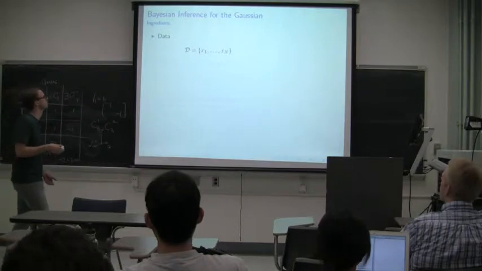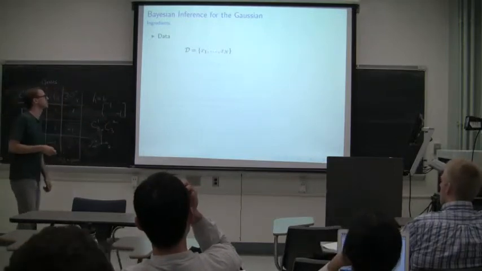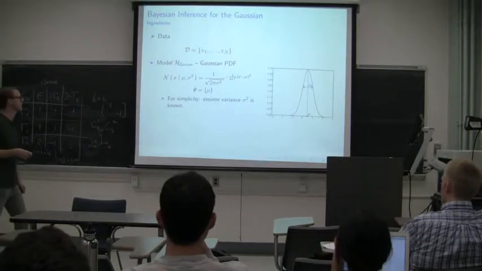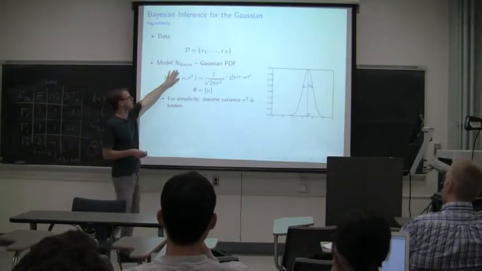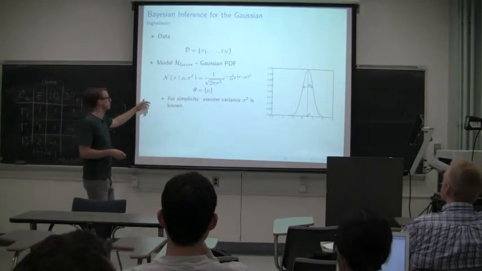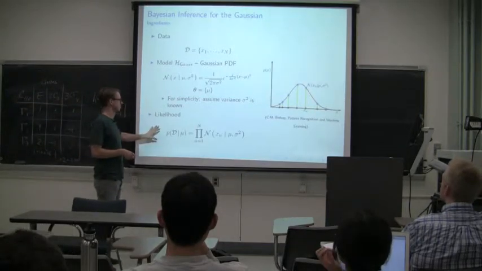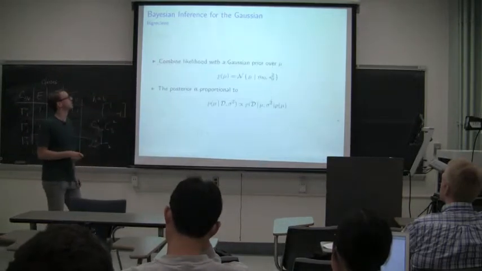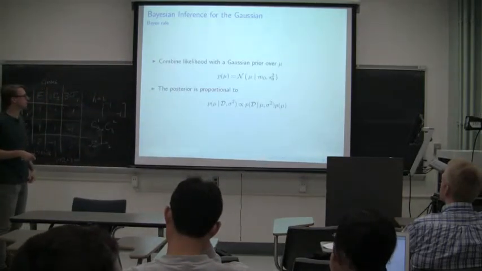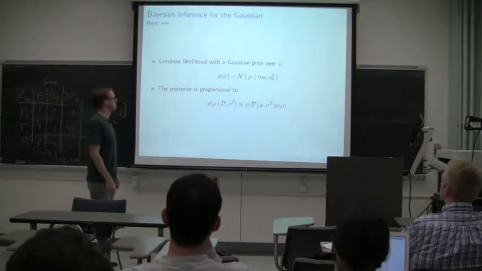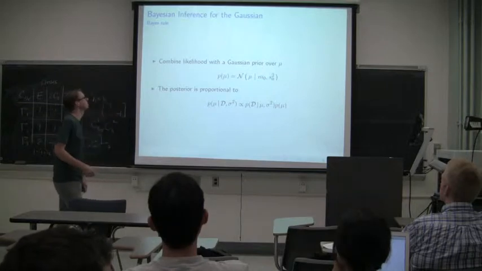Okay, so in order to do Bayesian inference, we said we use data, use a model, can use a model as a hypothesis, and this gives us parameters. The likelihood is now the product of all the data points under this model, and we combine it with a prior distribution to get something that is proportional to a posterior.